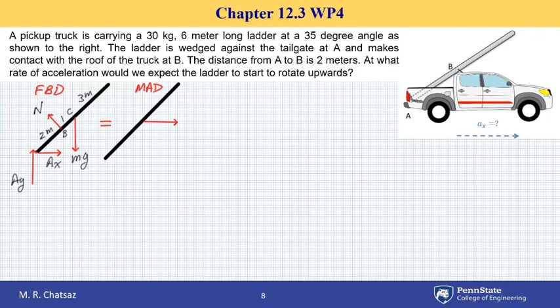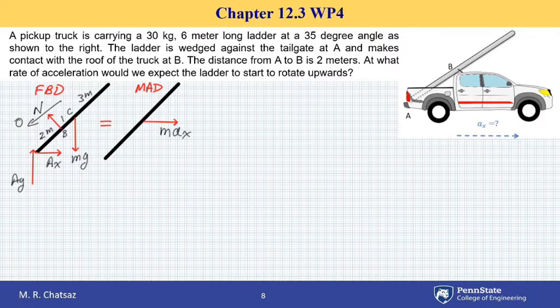Now the truck is moving to the right with acceleration AX, so on the mass acceleration diagram I want to show vector MAX, and at the threshold moment when the maximum acceleration causes separation of the ladder from the roof of the truck, normal force goes to 0 at maximum acceleration.